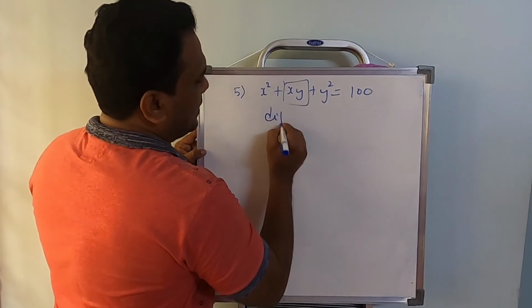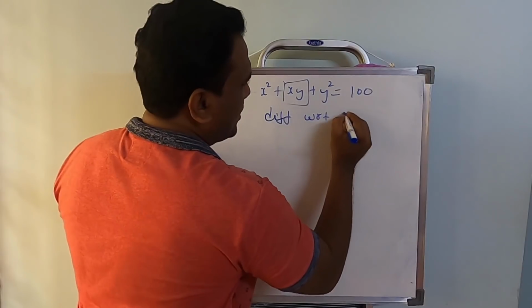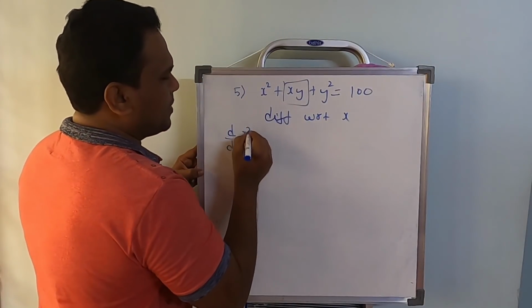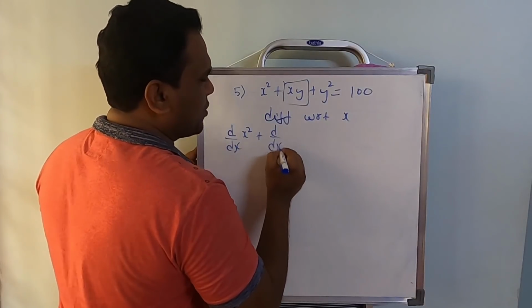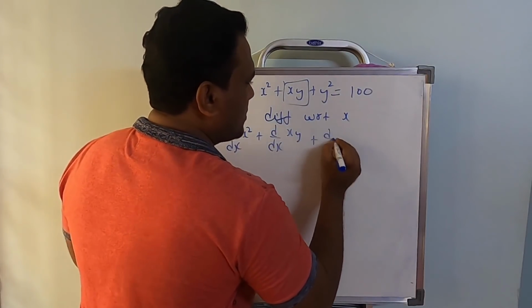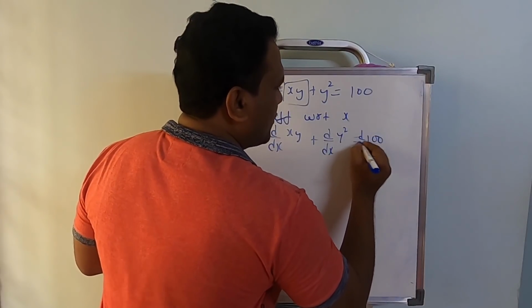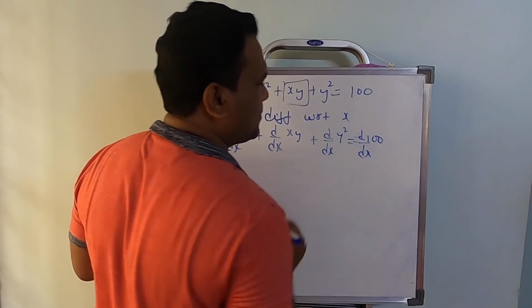So let's write differentiate with respect to x. Differentiation of x square plus differentiation of xy plus differentiation of y square is equal to differentiation of 100.